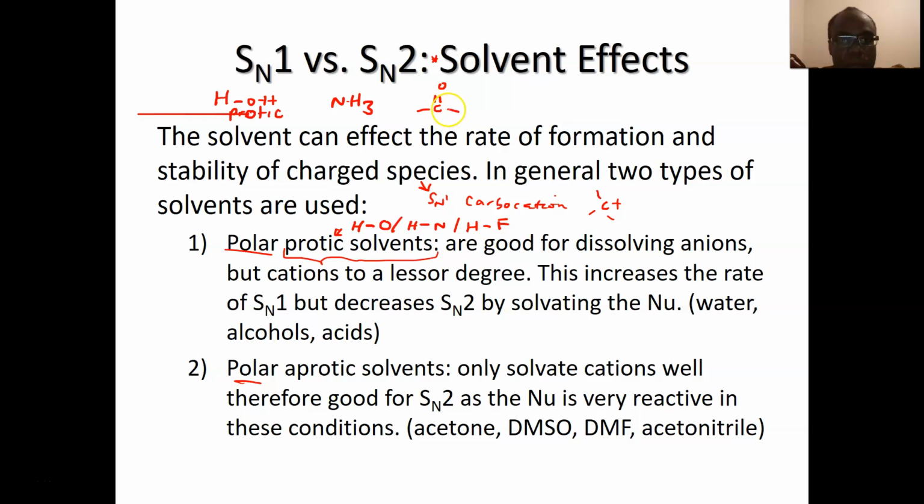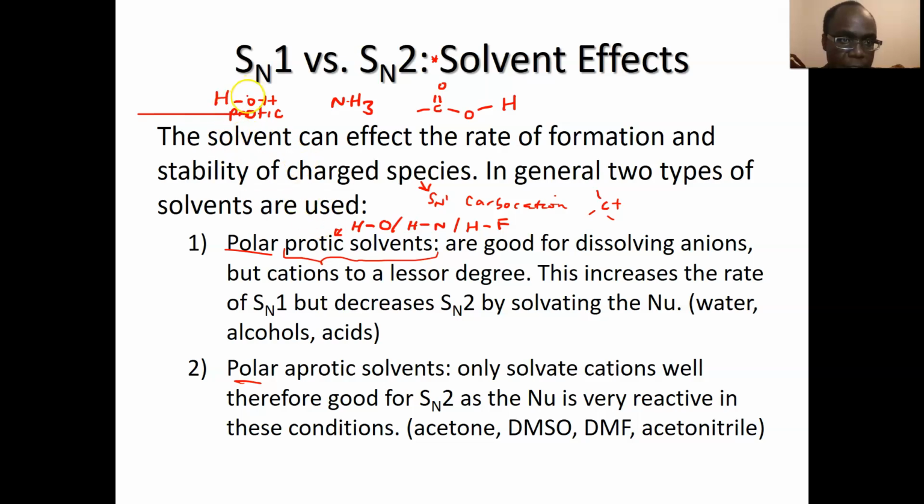Acetic acid is also protic because the oxygen is bonded to the hydrogen. So you see the trend of protic solvents.